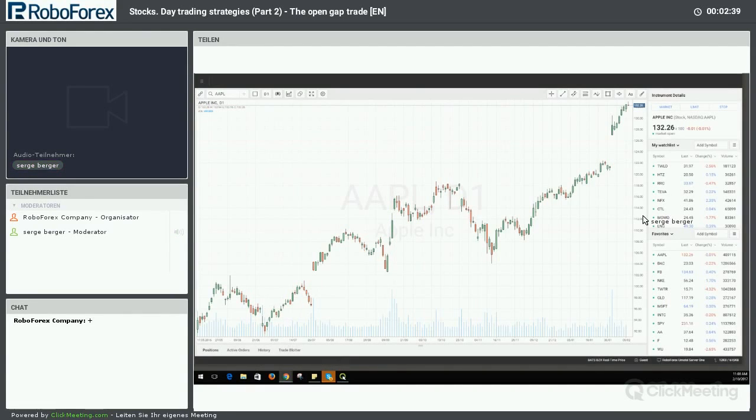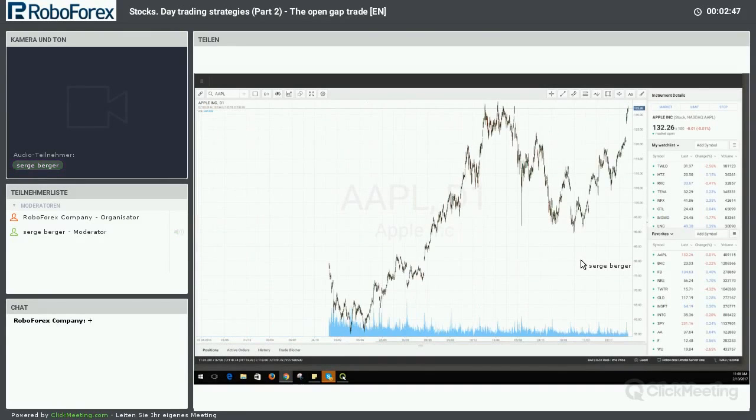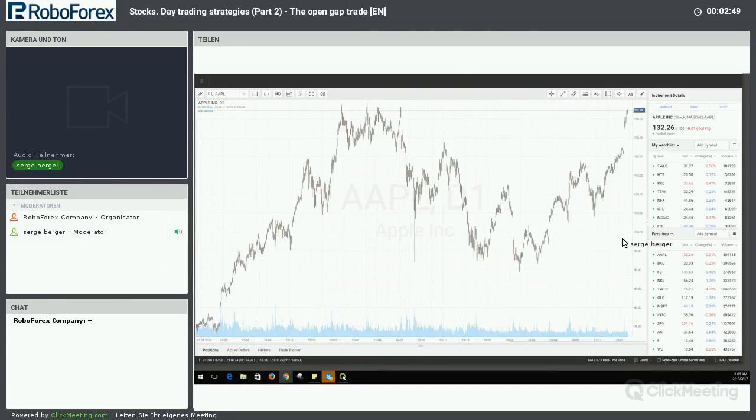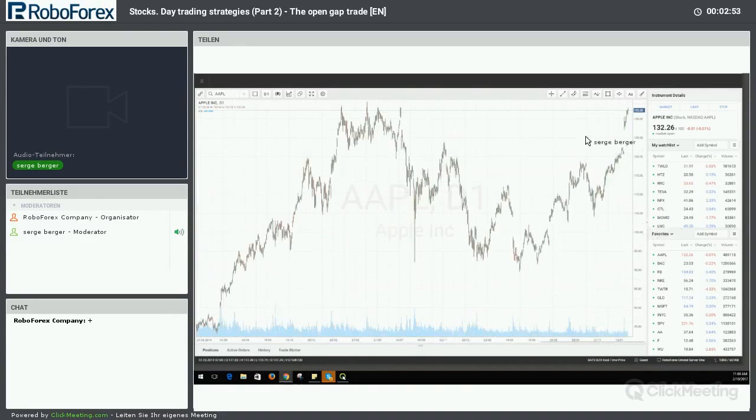We've talked about a couple of day trading strategies, and today we're going to focus on something called a gap. The gap is something we have discussed a little bit before already, and we're going to start looking at gaps and talking about gaps here first on the daily charts, and then we will talk about the gap from a day trading perspective.